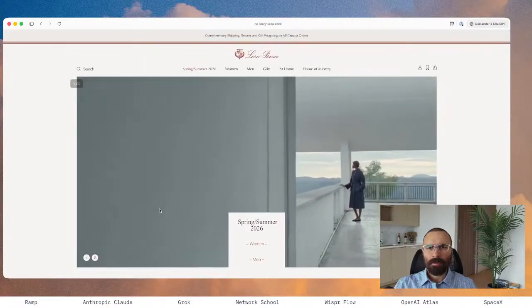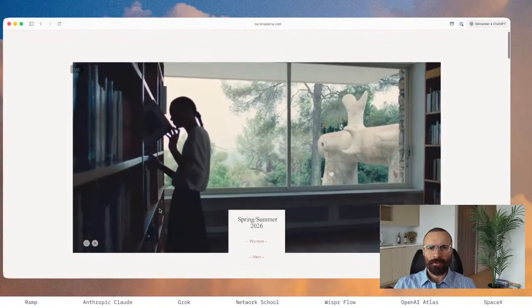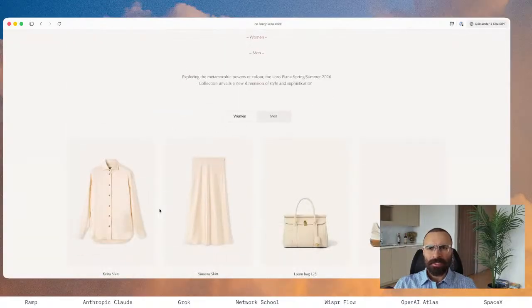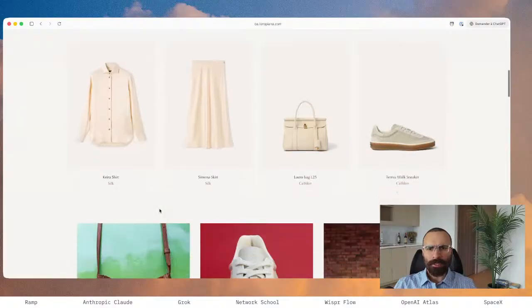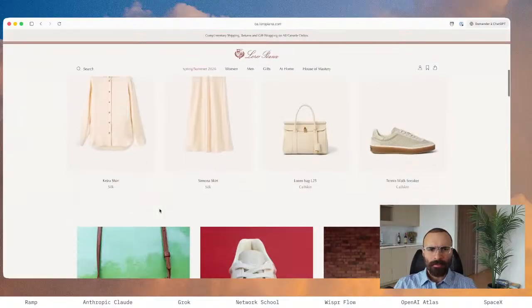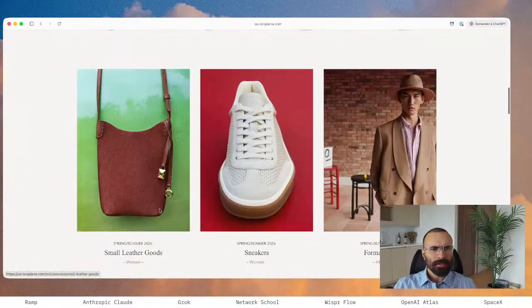Really cool. Complimentary shipping, returns, and gift wrapping on all Canada orders. Exploring the metamorphic powers of color, the Loro Piana Spring Summer 2026 collection. New dimension of style and sophistication. Simona skirt, loom bag, tennis walk sneaker.